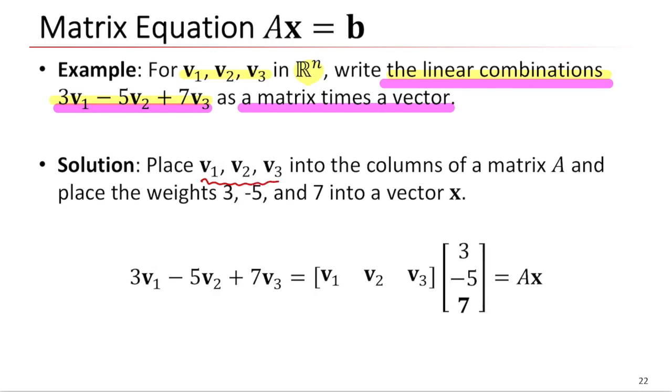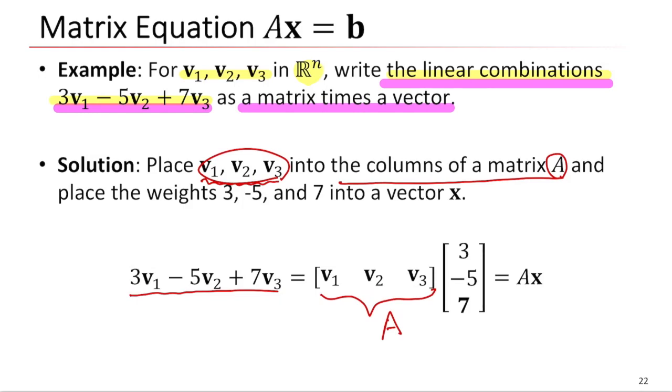Let's make these three vectors the columns of the matrix A. In this case, it will be the new matrix A. What is the size of this matrix A? Because the size of each column vector is n by 1 and there are three columns, the size of this matrix will be n by 3, right?